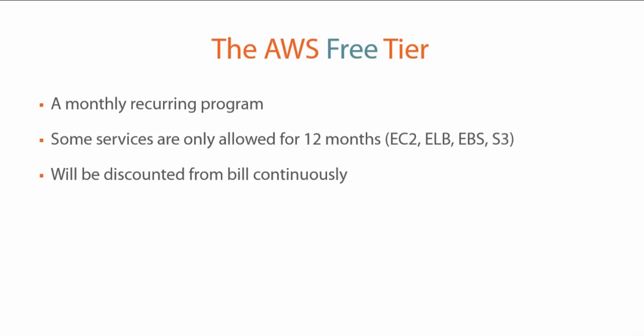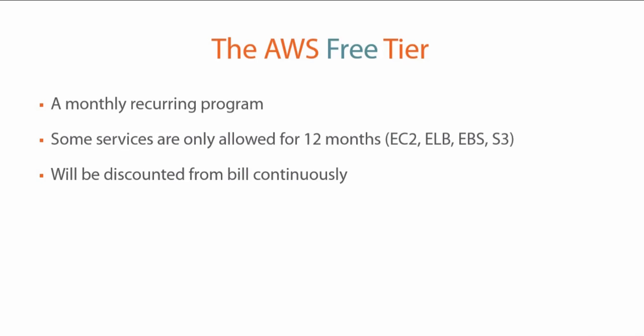So what does it mean that it's going to be discounted from the bill continuously? The free tier, while it's free for you and you're not going to be charged for it, still has a dollar value attached to it. These instances that you're spinning up have a dollar value. So let's say you go beyond the free tier and start consuming production services where you're actually paying for it.